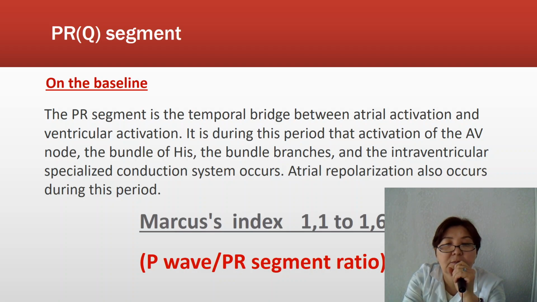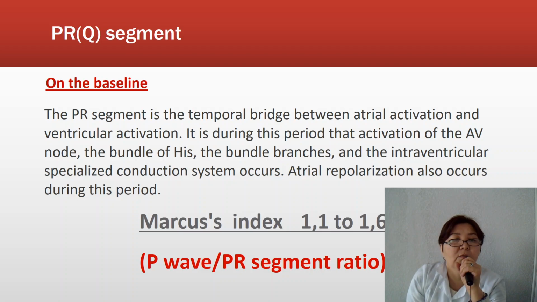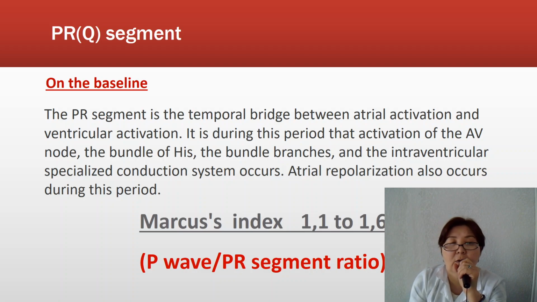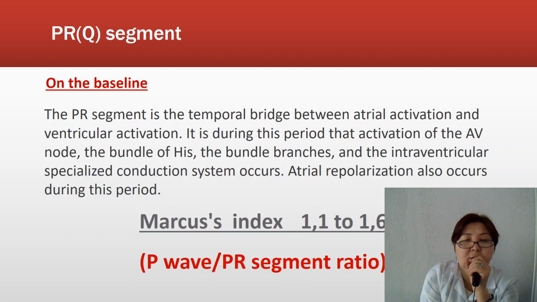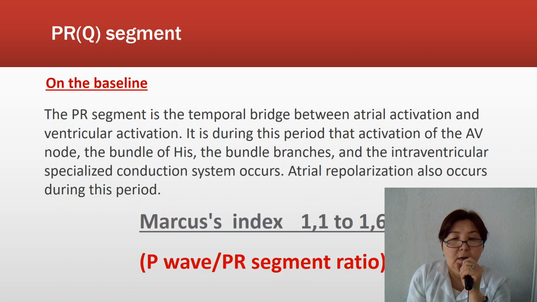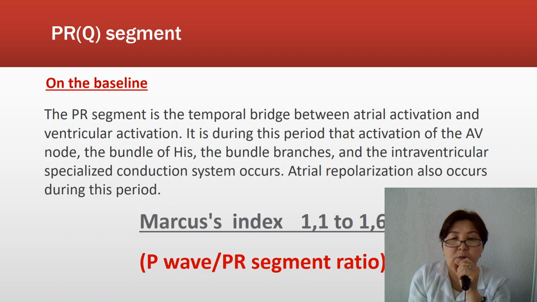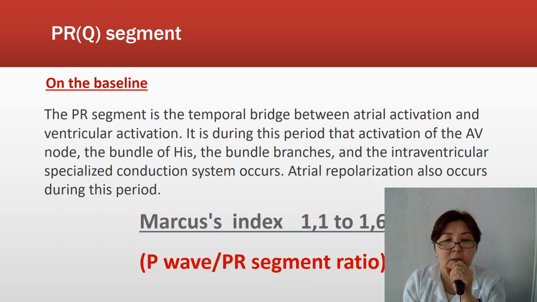It's during this period that activation of the atrioventricular node, the bundle of His, the bundle branches, and the intraventricular specialized conduction system occurs. Atrial repolarization also occurs during this period. Marcus index is 1.1 to 1.6.